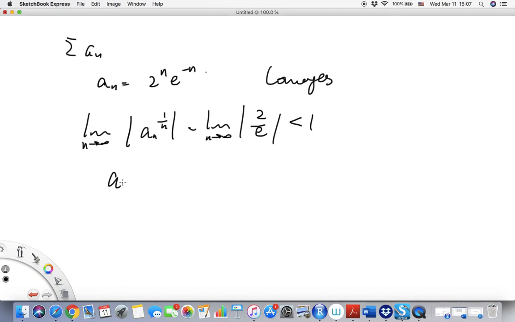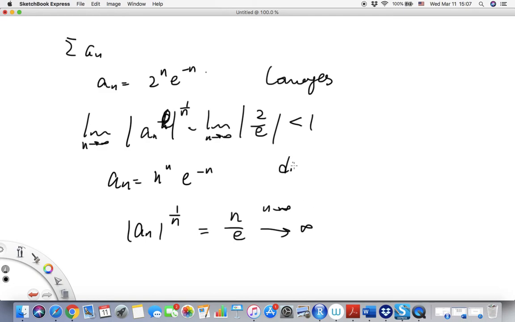Next, a_n is equal to n to the n times e to the minus n. Again, root test. We take the nth root of a_n, so that's n over e. When n goes to infinity, this goes to infinity, so it is divergent.